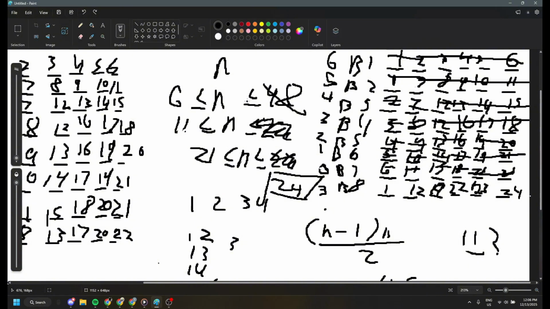I'm not even sure what I did wrong. Did I add these up correctly? 15, 18, 20, 21. Yeah, I'm not sure what I did wrong, but it is not.